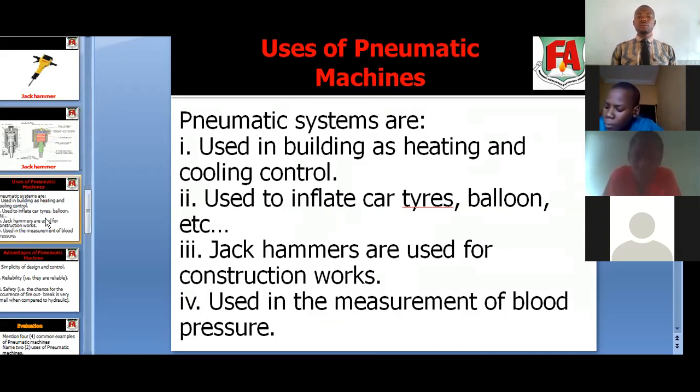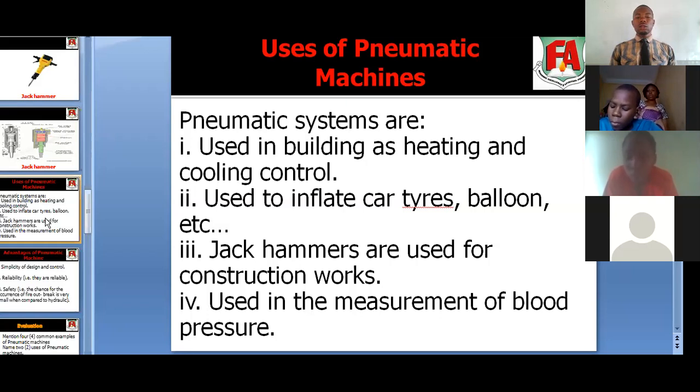Two, pneumatic machines are used to inflate car tires, balloons, etc. Three, jackhammers are used for construction works.